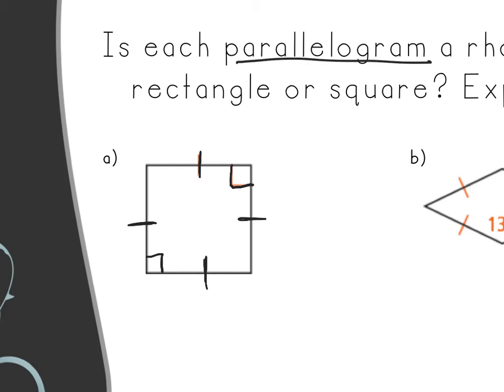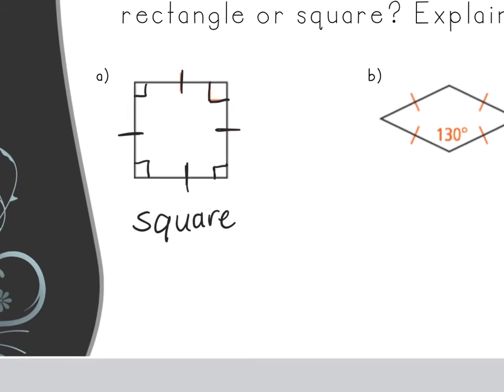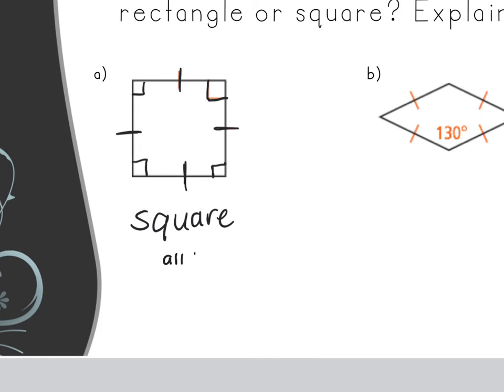And because it's a parallelogram, consecutive angles add up to 180. If that's 90, it means this is also 90, and this is also 90. So the most specific name for this shape is a square. You just put square, and it says explain, so I would have put all the stuff we just talked about. All 4 sides and all 4 angles.